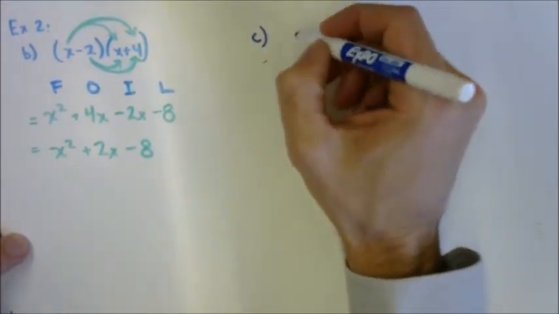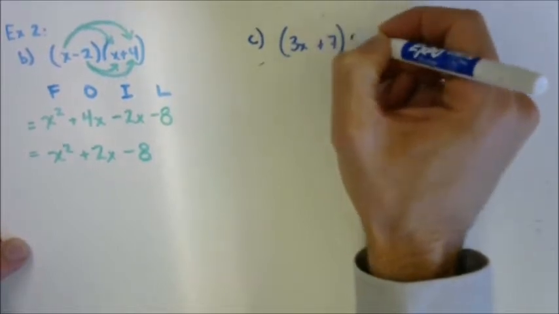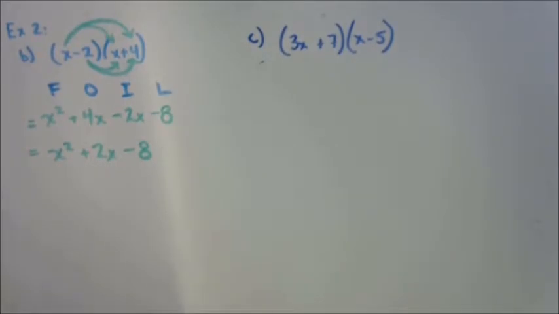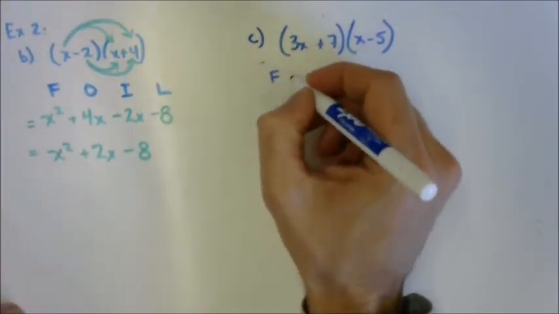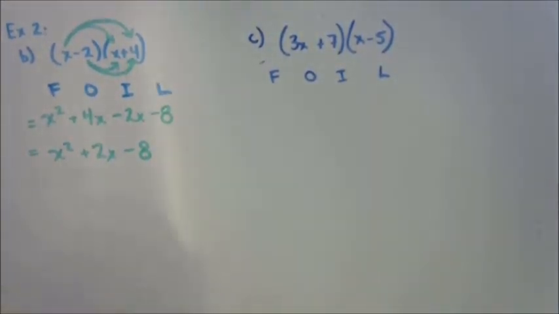In C, you're doing 3x plus 7 times x minus 5. And again, I'm going to write FOIL so that I get all of my terms and I make sure I do it properly. And you go ahead and do first times first.